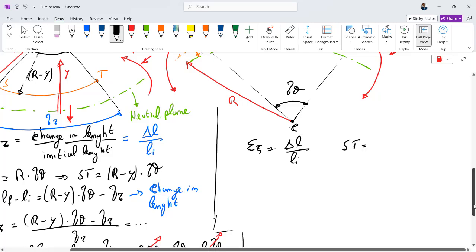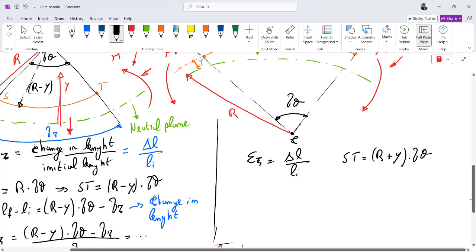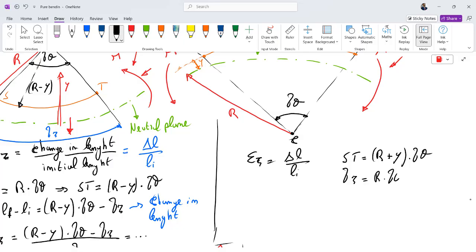The ST length in this case is radius r plus y, times d theta, and the initial length, delta z, is always equal to r times d theta.